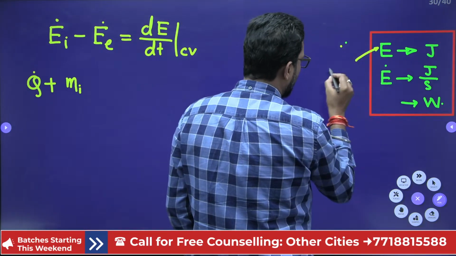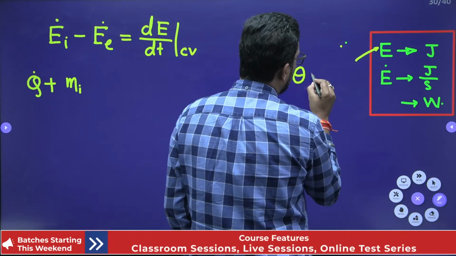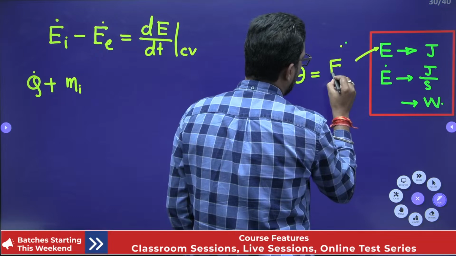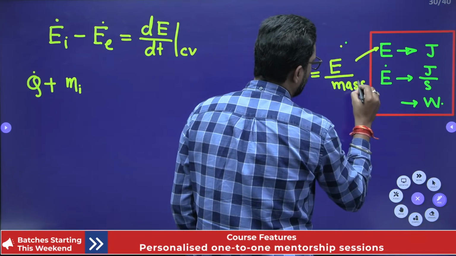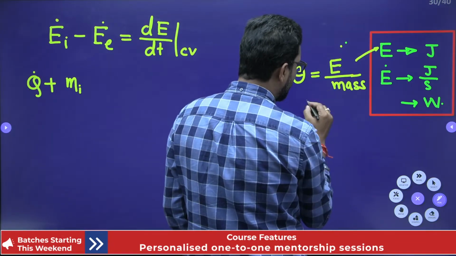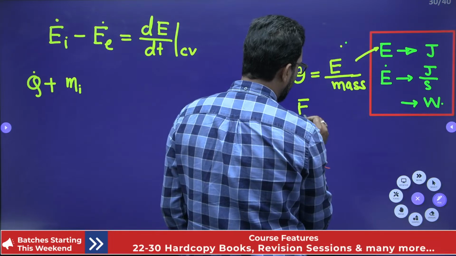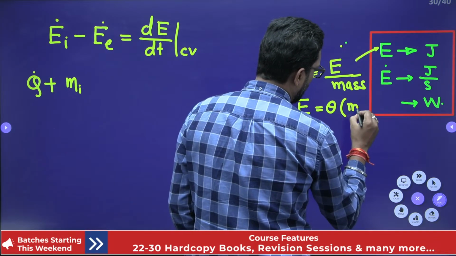So if you write theta, this is energy per unit mass, so this theta is in joule per kg. So what is E? Theta into mass.